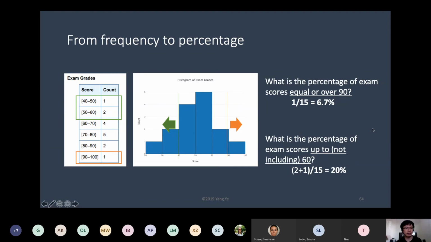So 20% of these exam scores are lower than 60, and that information can be extracted from the histogram. Now, this is a very basic example, but in the future, when it comes to more advanced statistical procedures, you will see that this is very helpful for understanding distributions and how they're used in statistics.